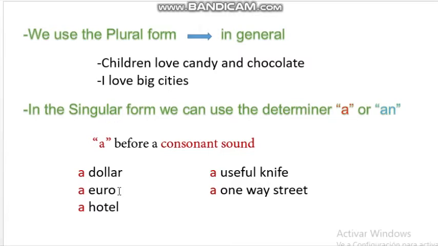We are not going to say an euro. We say a euro. We have that Y sound. A hotel. A useful knife. A one-way street. As you can see, we have consonant sounds.